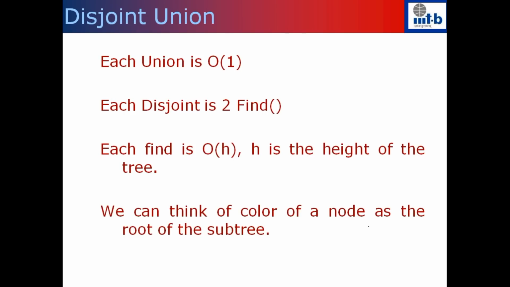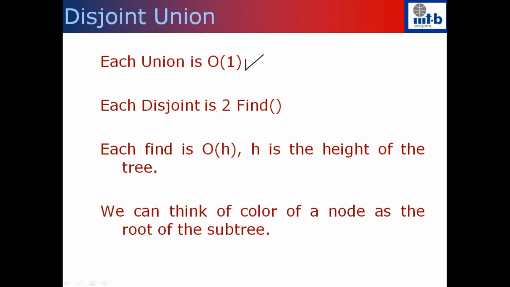It's easy to see that each union is order 1, because whether it's union by rank or union by size, we just compare the size of the two sets and make the smaller tree a subtree of the bigger tree. Or if by height, whichever subtree has the smaller height, make it the child of the other one which has the higher rank. So this is an order 1 operation.